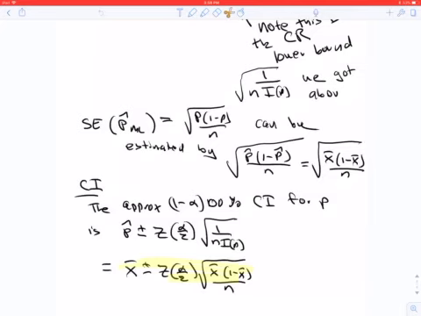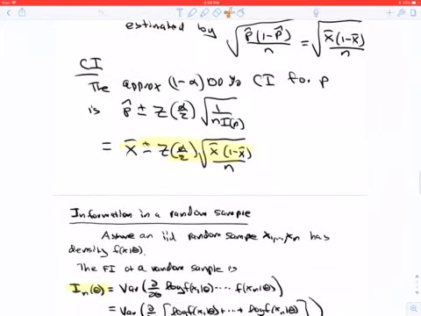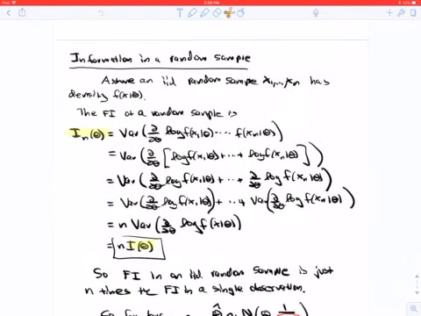So we'll approximate the SE by substituting for p hat, which is just X bar. So our confidence interval will be the sample mean plus or minus the alpha over 2 and 1 minus alpha over 2 quantile times the square root of X bar times (1 minus X bar) over n.